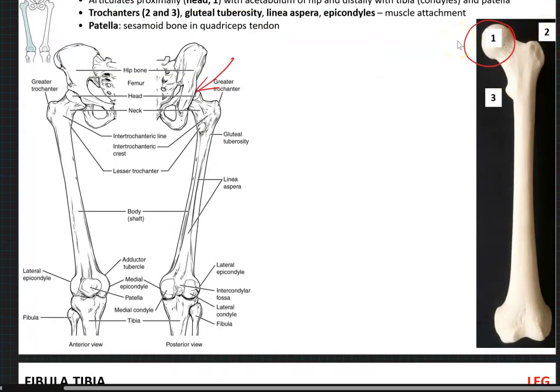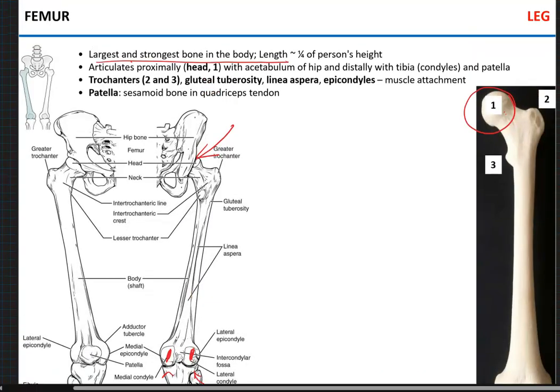The condyles of the femur articulate with the, surprise, surprise, also condyles on the tibia. Okay? So far makes sense?